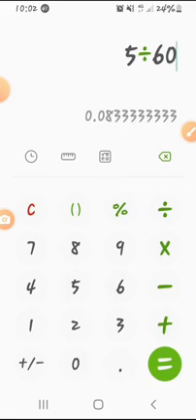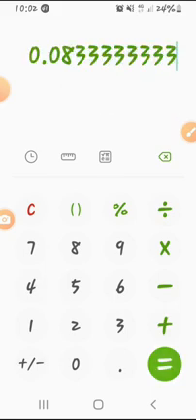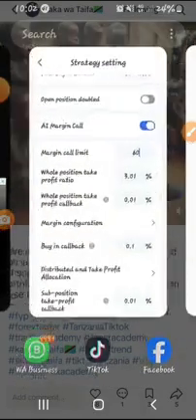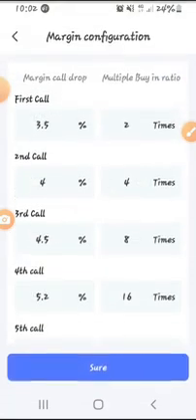So you calculate the second binary amount divided by the first binary amount, and it gives us 0.08. Because 0.08 times 60 comes to almost $5. Then you can just do that on your margin configuration.